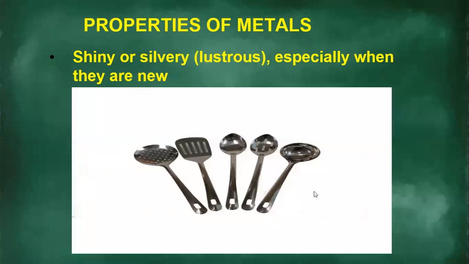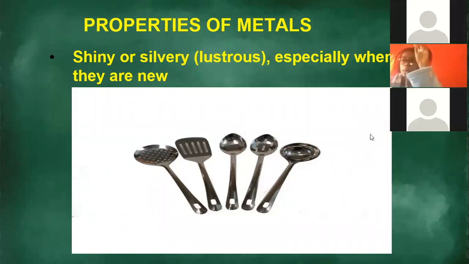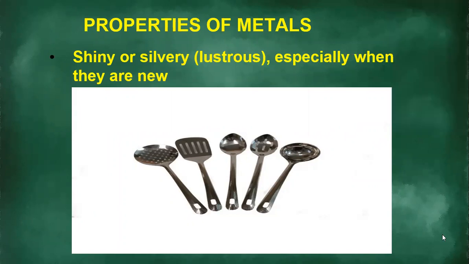We see a lot of this, more especially when they are new. If you buy new cutlery, it's always shiny, but after a few years, it's no longer shiny. And who knows why it loses its shine? Can somebody tell us why it loses its lustrousness?